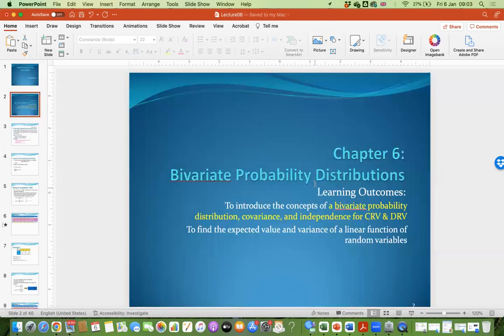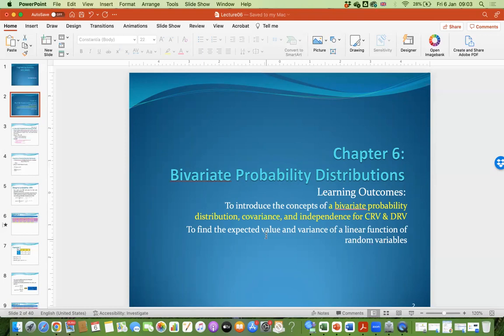So back to this. Our learning outcome of this lecture is bivariate probability. We are going to learn how to find the joint probability, and from the joint probability to get back the expected value of each of the discrete random variables.